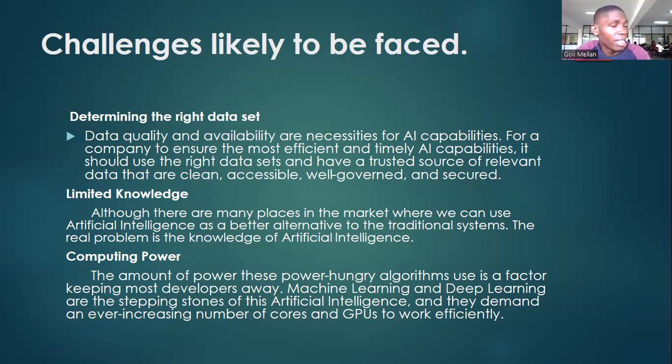Some other problems could be limited knowledge, since I'm just a college student just starting to work on artificial intelligence this semester. I don't know how things will really work. Also, there's the computing power; these models really need good power.